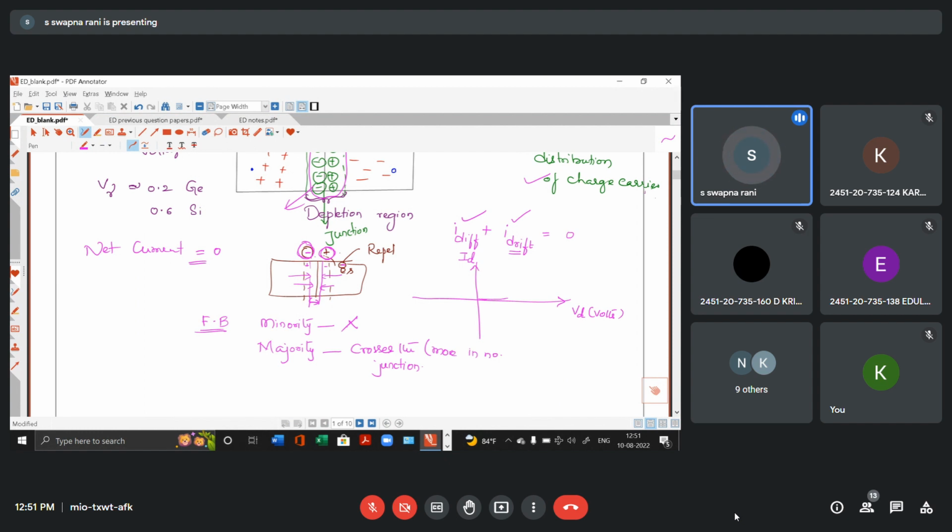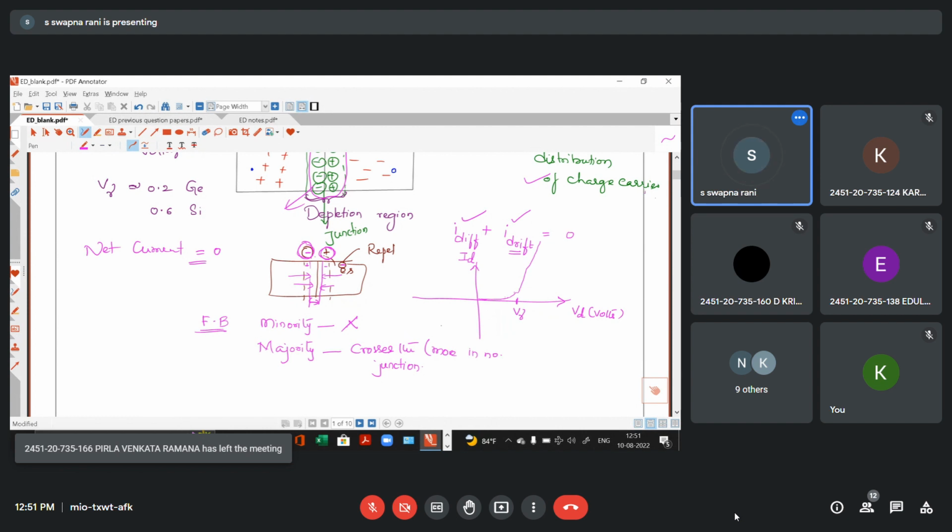So as you increase the bias voltage, more and more number of charge carriers will be moving towards the junction, and at one particular voltage which is called V gamma, the cut-in voltage or barrier voltage, the barrier, whatever depletion region we are calling as barrier, will be disappearing, and all of a sudden a large number of majority charge carriers will be crossing the junction.